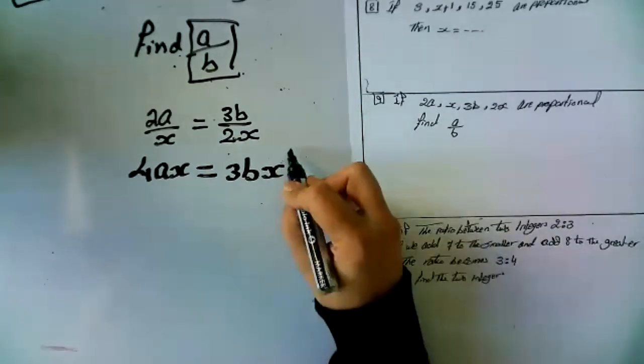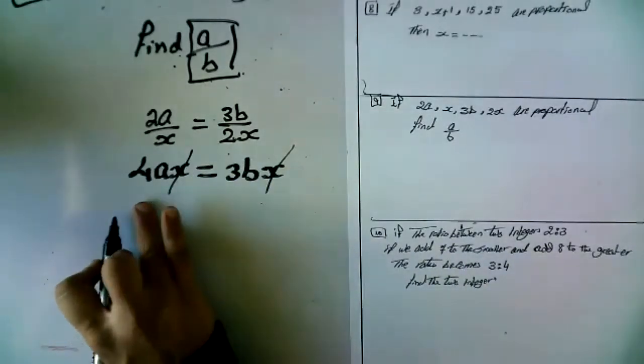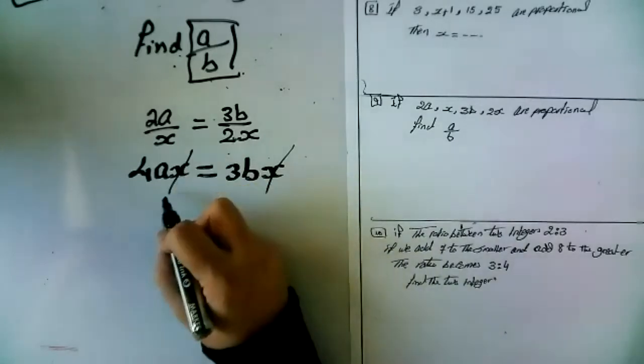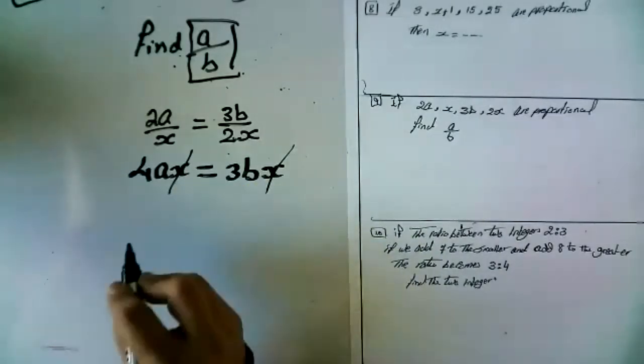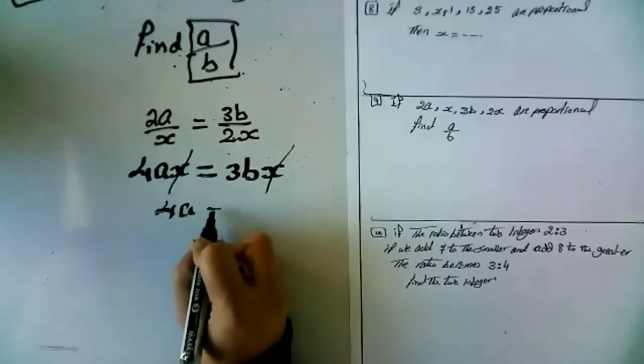We can cancel x from both sides, the left-hand side and the right-hand side. The rest of the numbers: 4a equals 3b.